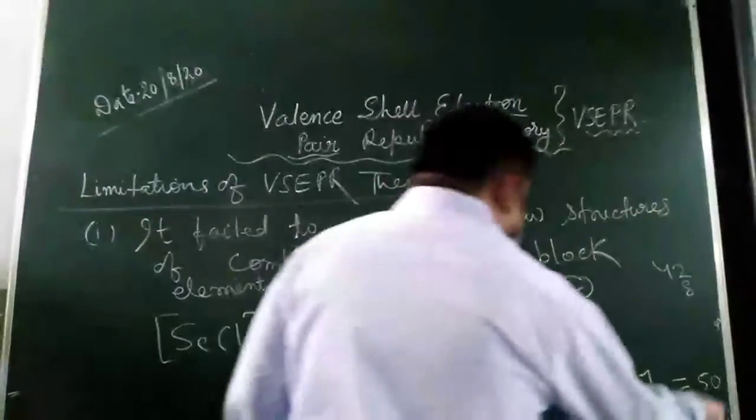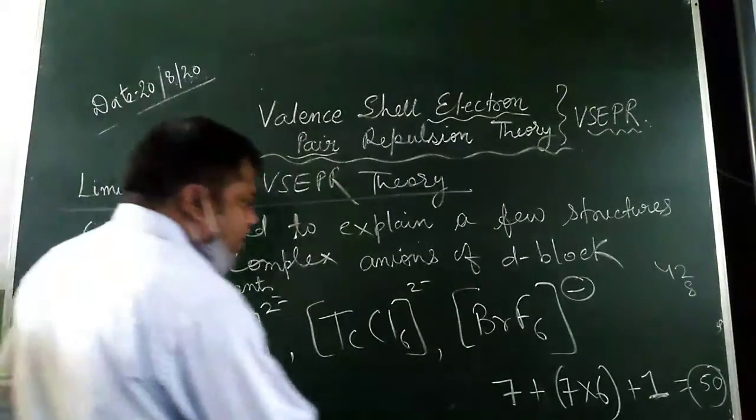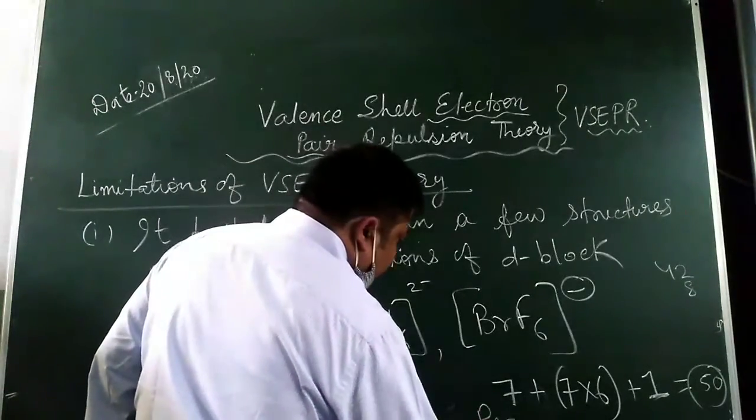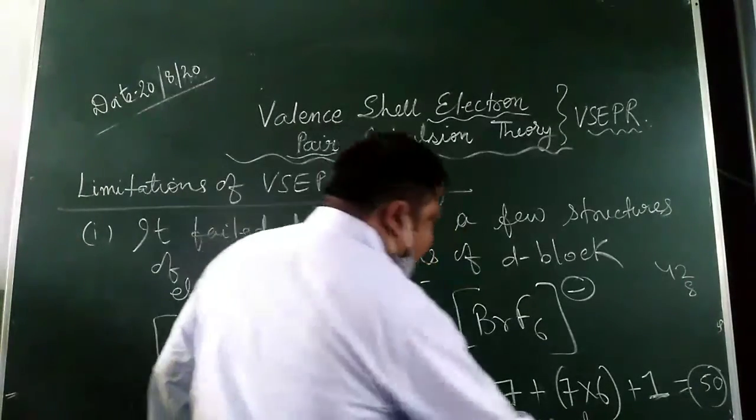With 7 electron pairs, according to VSEPR theory, its structure should be pentagonal bipyramidal.